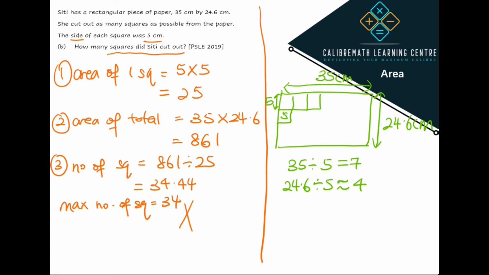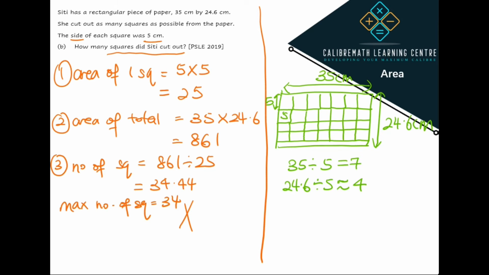Okay, so if we were to visualize this, let me draw it out. That's 4, 5, 6, 7. So 7 squares for the length, and then for the breadth, she's able to cut out a maximum of 4. So this is how the diagram looks when you cut out the squares.